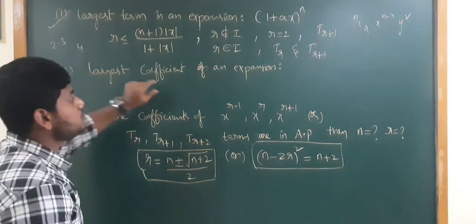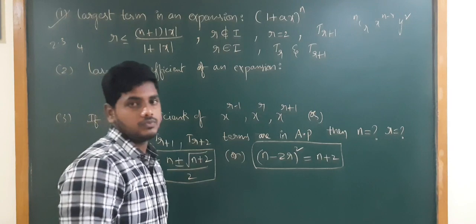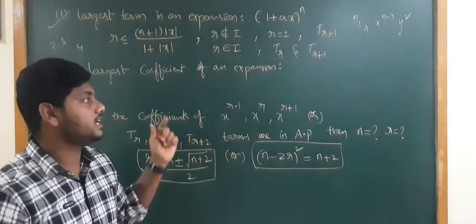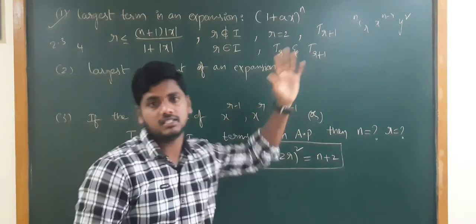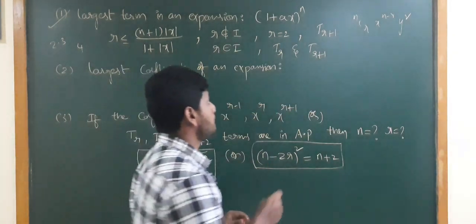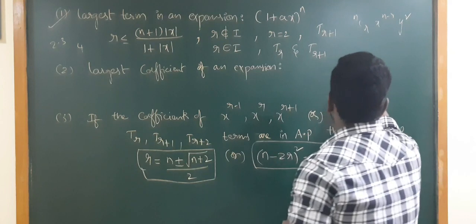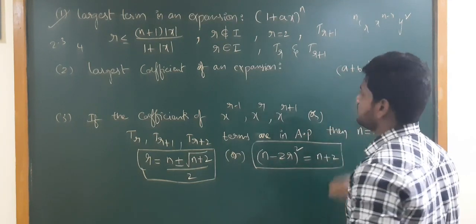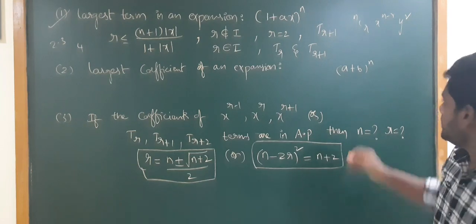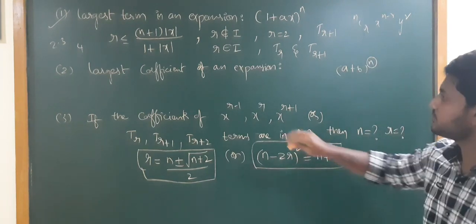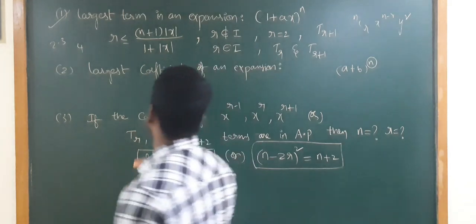Now, the largest coefficient in an expansion. When it comes to coefficients, we will get binomial coefficients like nC0, nC1, nC2, nC3, nC4, and so on, right? For example, if they said a plus b whole to the power of n, based on the value of n, the largest coefficient will be decided.